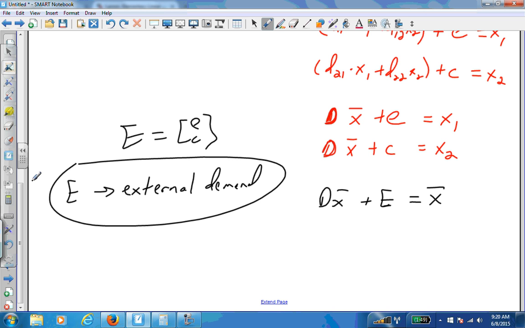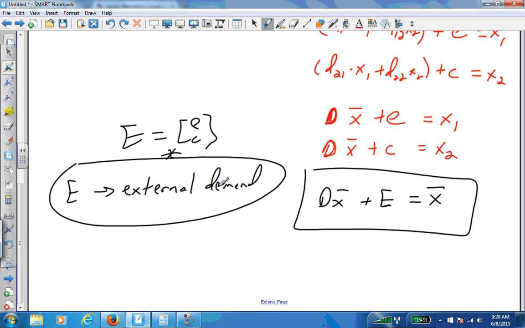So how much internal coal and electricity is going to be used to actually get that output. Of course, if we need to produce something, we said it takes coal to make coal, it takes electricity to make coal, it takes electricity to make electricity, coal to make electricity, and that doesn't even take into effect how much output we need for the rest of the world. So if we know what the output for everyone else is, this equation will help us find that.